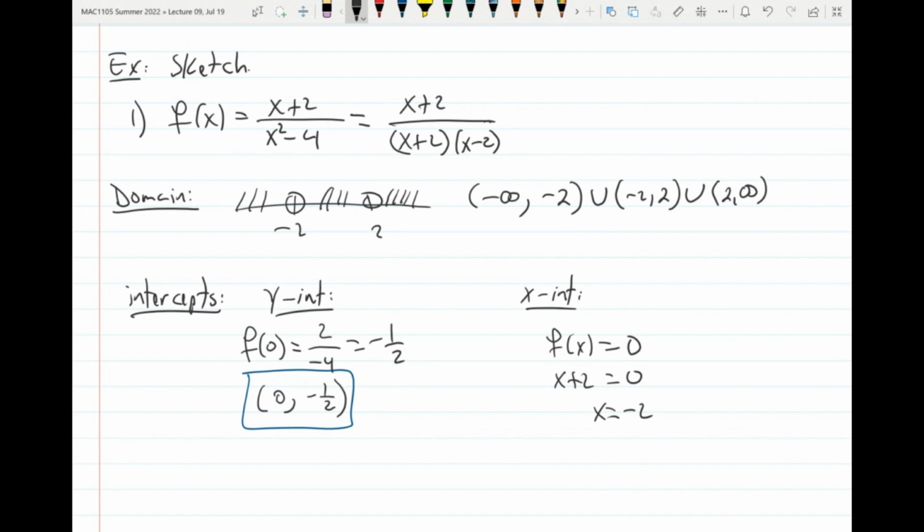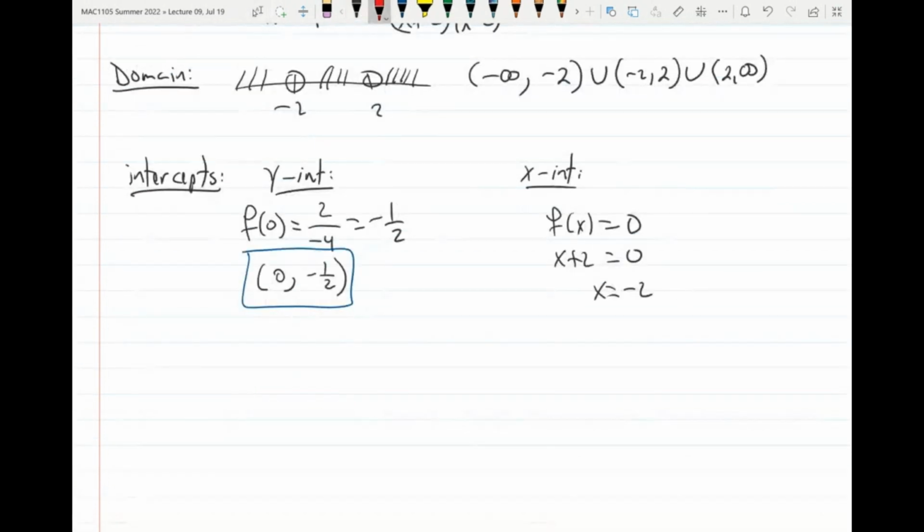Do you understand this? Now here you have to be careful. Because here you may think, oh, x equals negative 2 is an x-intercept. Well, remember that negative 2 was a value that's not good for us. So are we really going to have an x-intercept? We don't have an x-intercept. Does that make sense? But this is not in the domain.